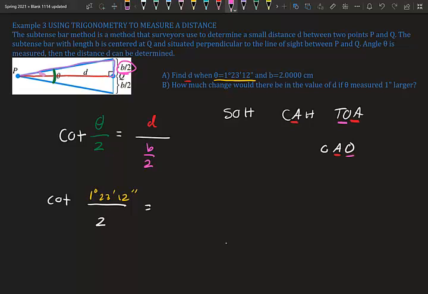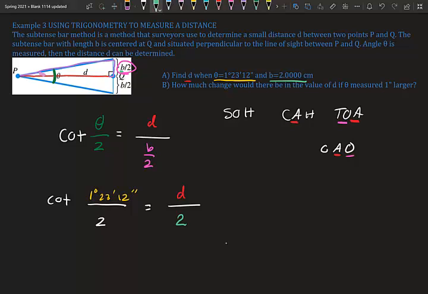Adjacent is our distance d that we don't know, we're trying to find. And over our opposite, it tells us that b is 2.0000, however many zeros. You only have to put 2 when we're actually working with it, so 2.